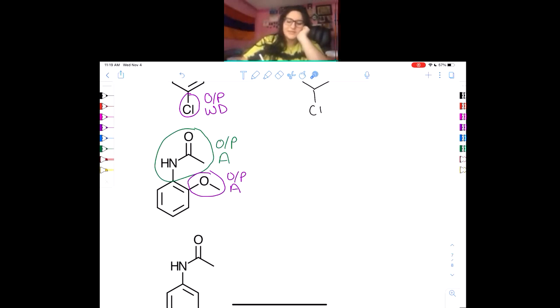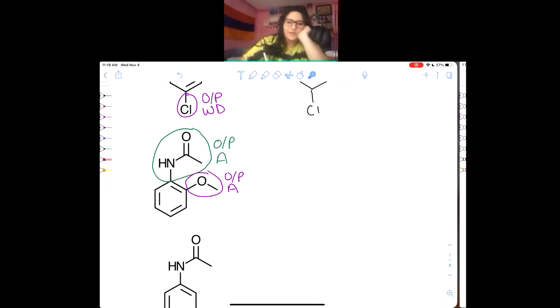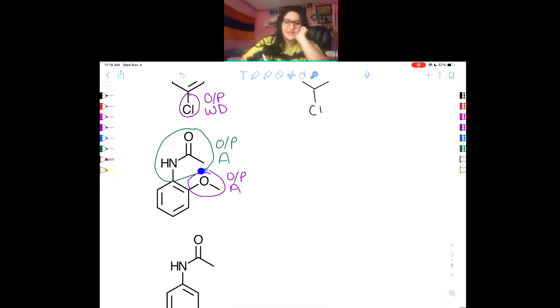Okay, so yes, you guys were right. The purple one is going to be more activating because all of the electron density is going to go into the ring, versus here, the electron density is going to be shared with the carbonyl and with the ring, so it's going to be less activating.